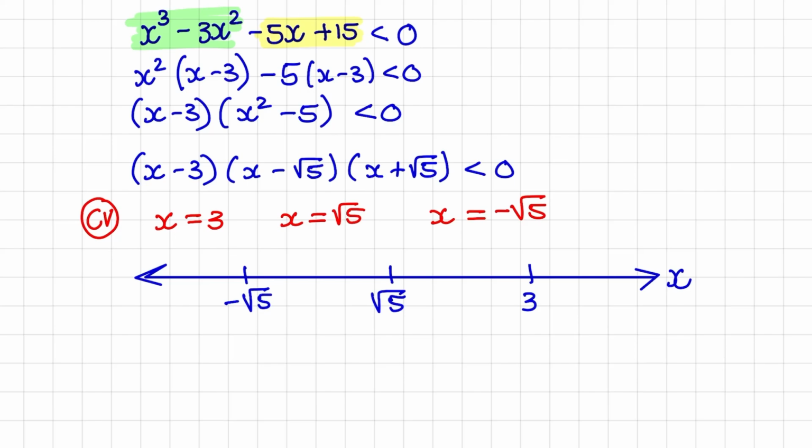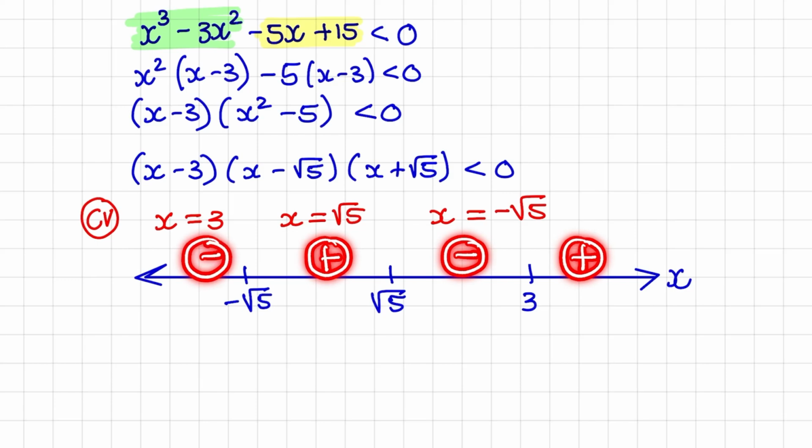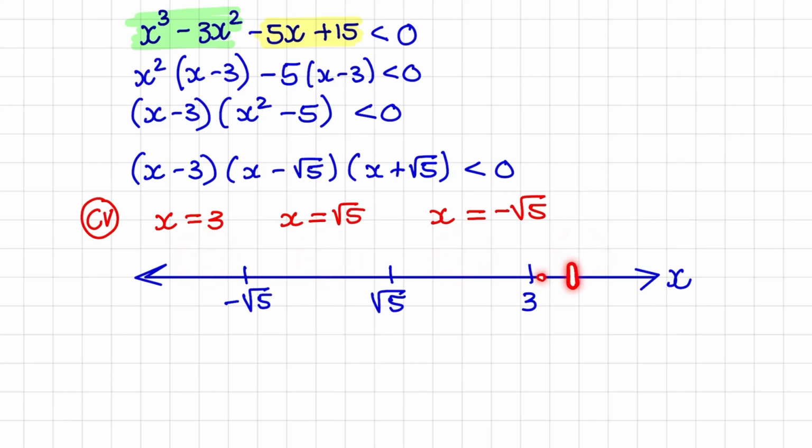So now what we want to do is identify where on the number line the expression would be positive and negative. And in our previous videos, we substituted a value in the place of x after our last value in order to determine whether that's a positive or negative value. But for this video, I'm going to use x equal to 1. Because x equal to 1 is somewhere between negative the square root of 5 and the square root of 5.